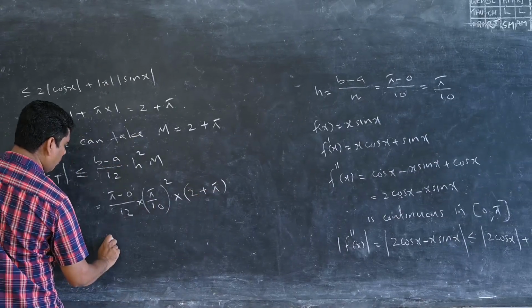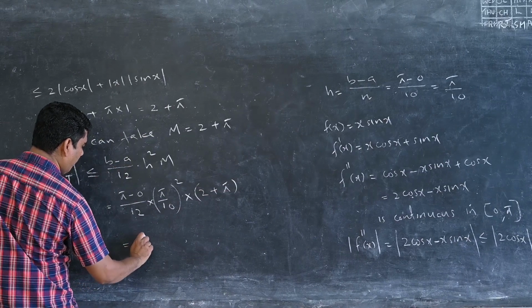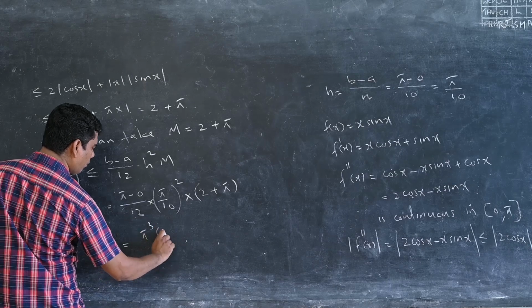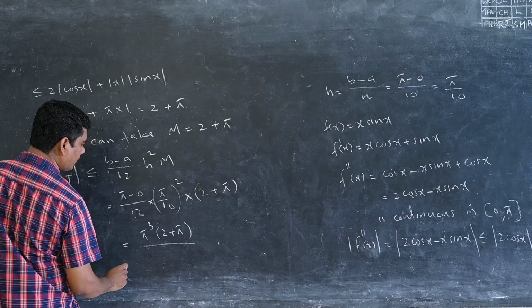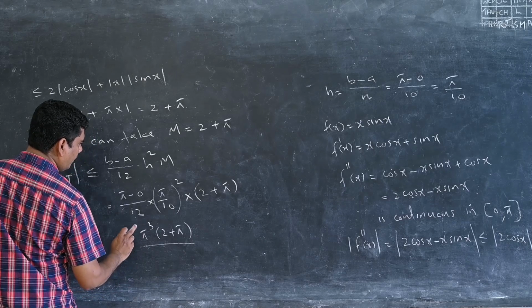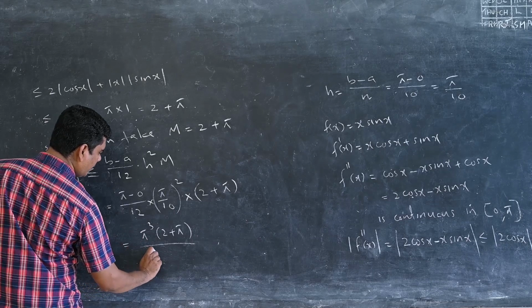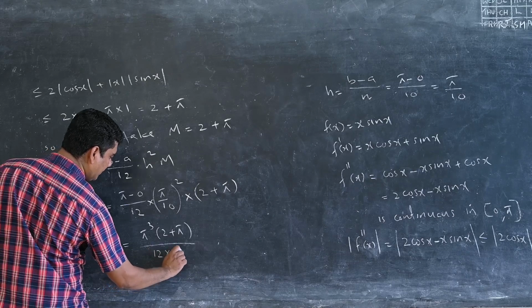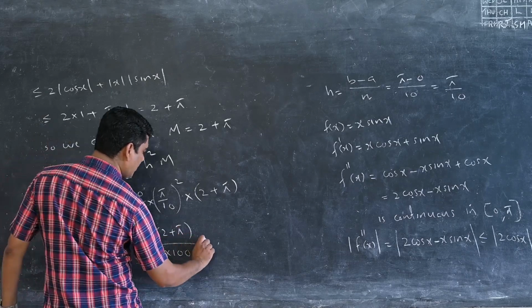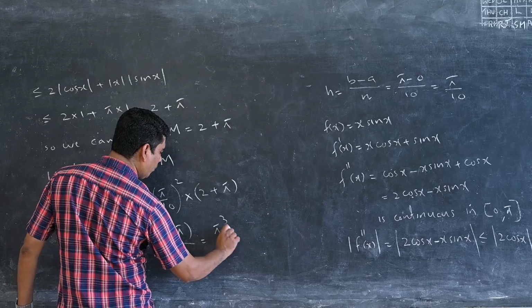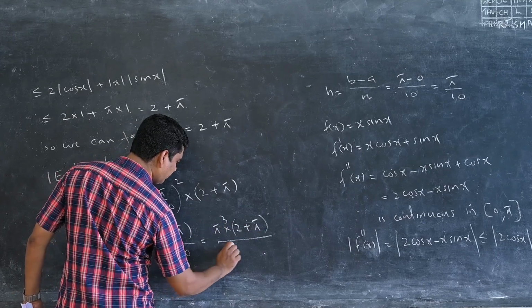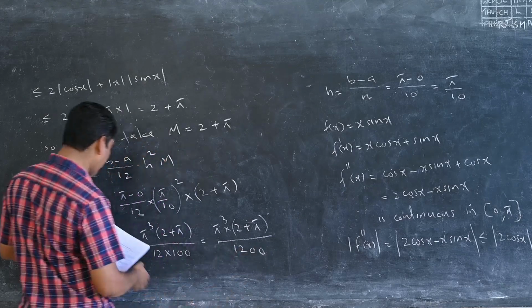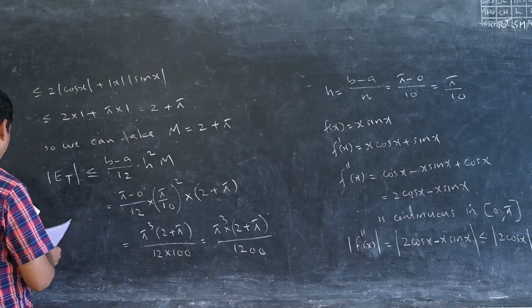This is equal to pi cube into 2 plus pi divided by 12 into 100, that is, pi cube into 2 plus pi divided by 1200.